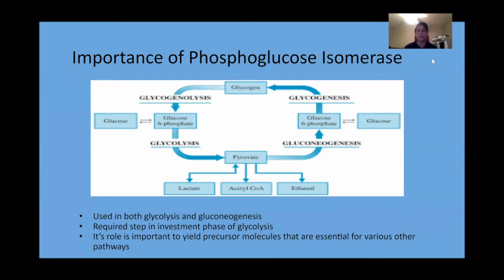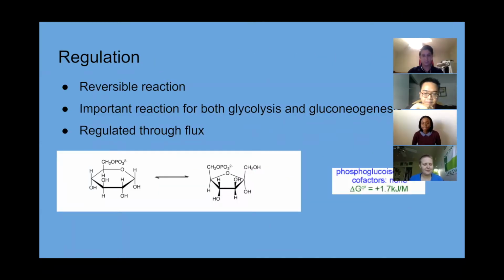So you can see that if we are lacking this enzyme, essentially we inhibit various other biomolecule processes. The reaction completed by phosphoglucoisomerase is reversible, as evident by its very small delta G value.